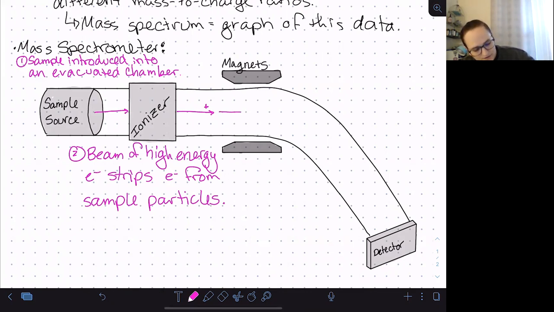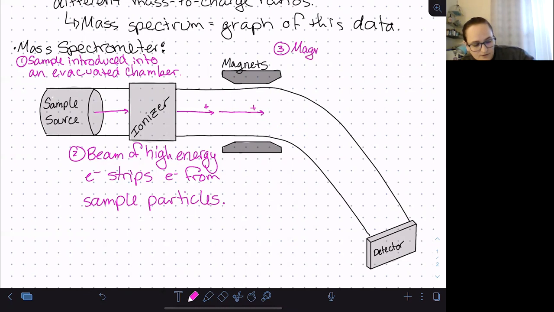And as they continue to move down this tube here with their charge, they enter a region that has some relatively strong magnets, generating a magnetic field in this area. And a magnetic field and a charge interact with one another. So as your charged particles pass through that magnetic field, their path is altered. They don't continue to travel in a straight line. Their path is bent.